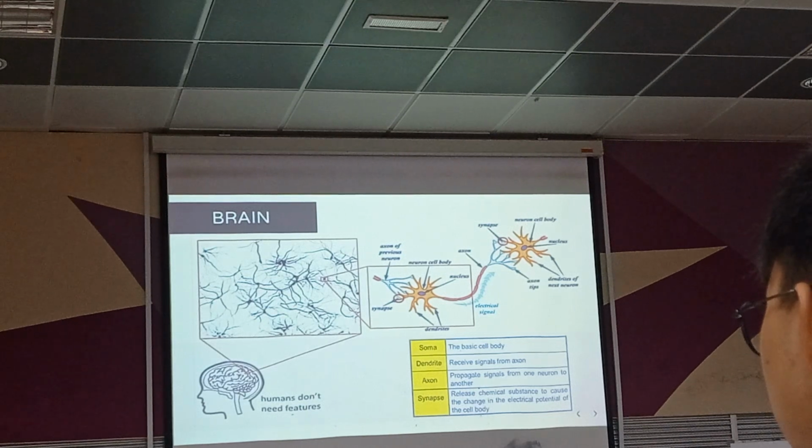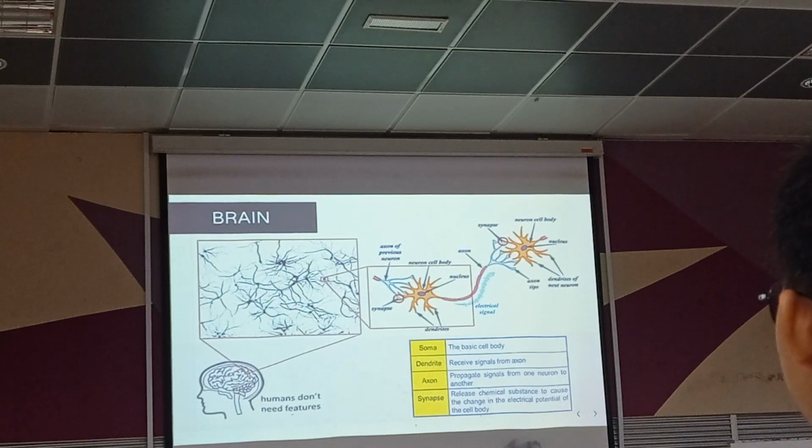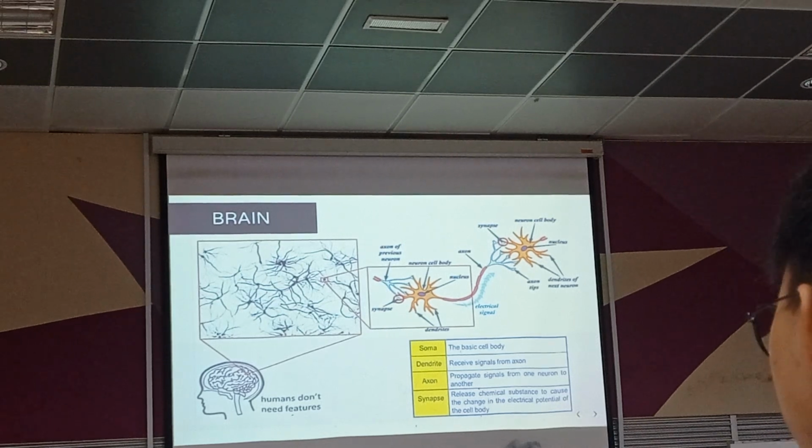You are passing information from one neuron to another, and each time we repeat the same process, with more features, in the next nucleus, then the axons, and so on.